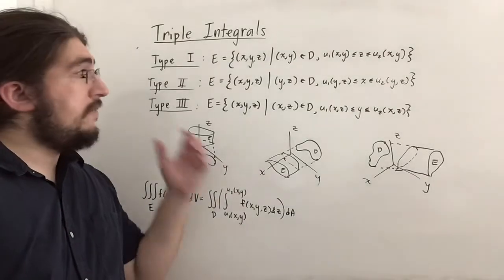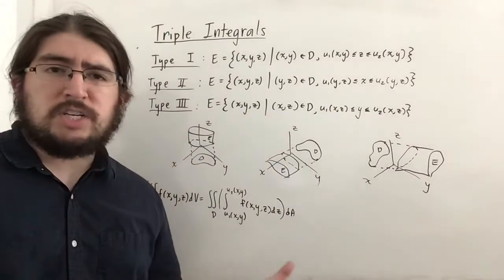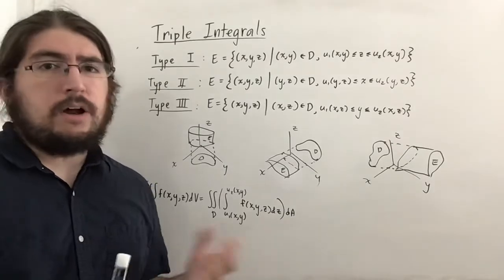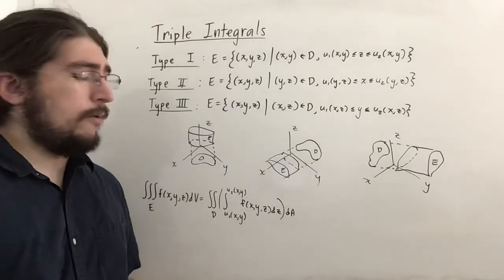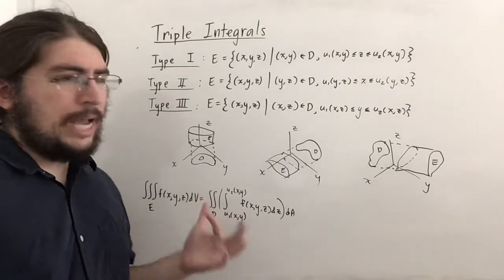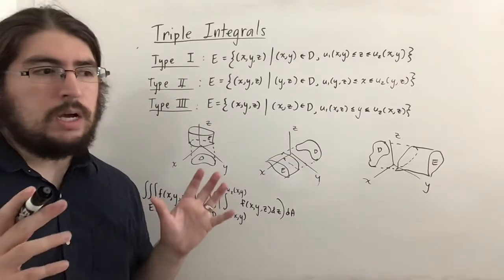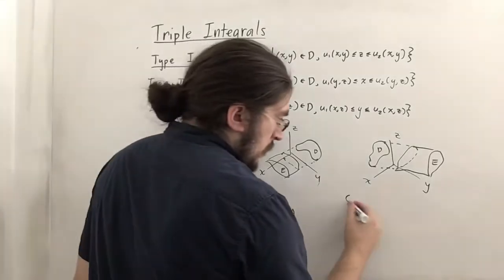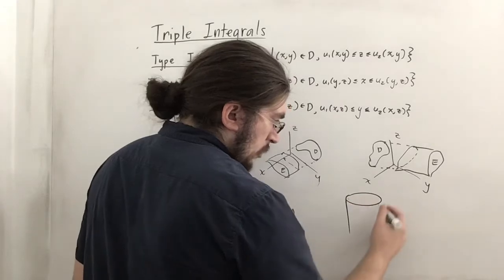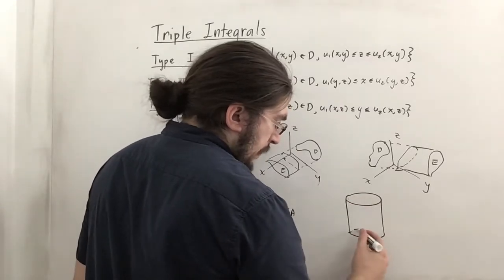All right, so we have these 3 types of regions. These are kind of general regions. There are regions that are not of this type, but usually what we'll be seeing are of this type. This is the way we can categorize it. Just to explain what this type tries to do, it tries to give us some type of cylinder. If you imagine a cylinder, you have a circle on top, a circle on the bottom, and a straight line.